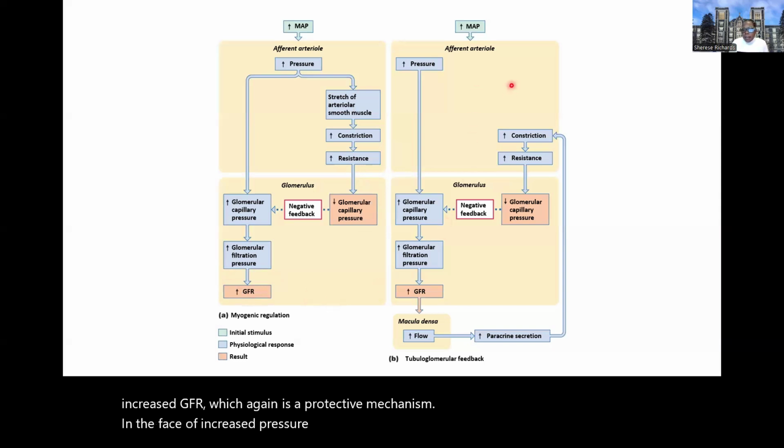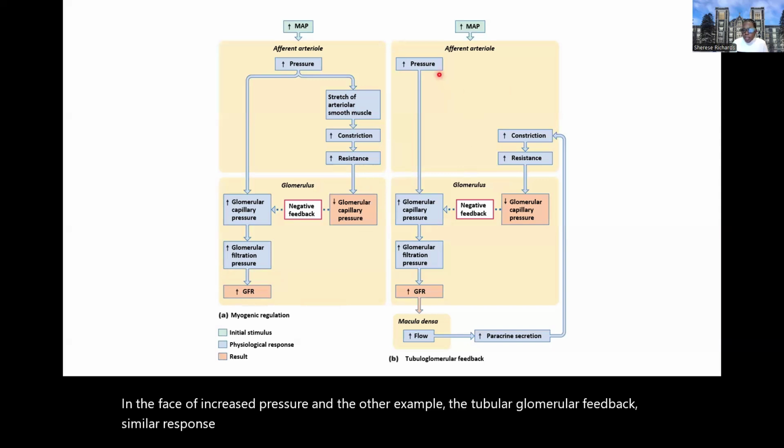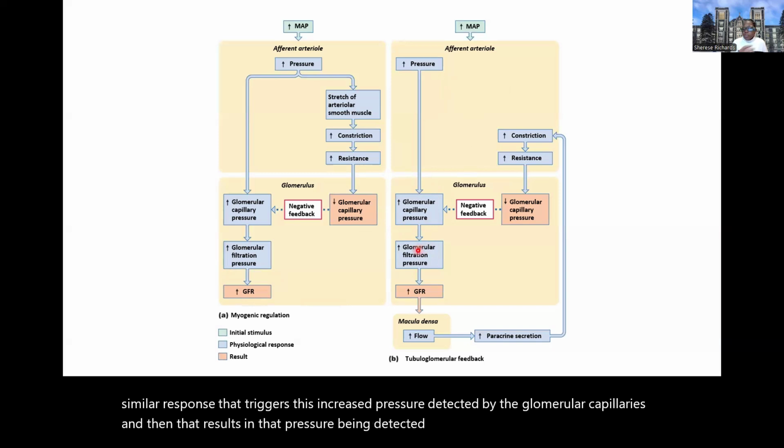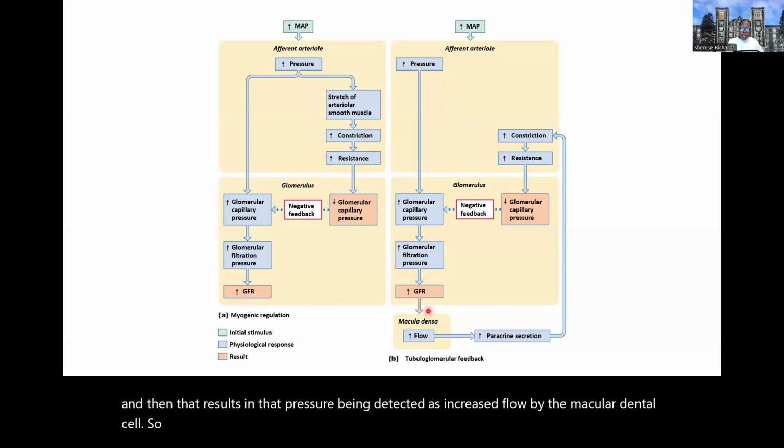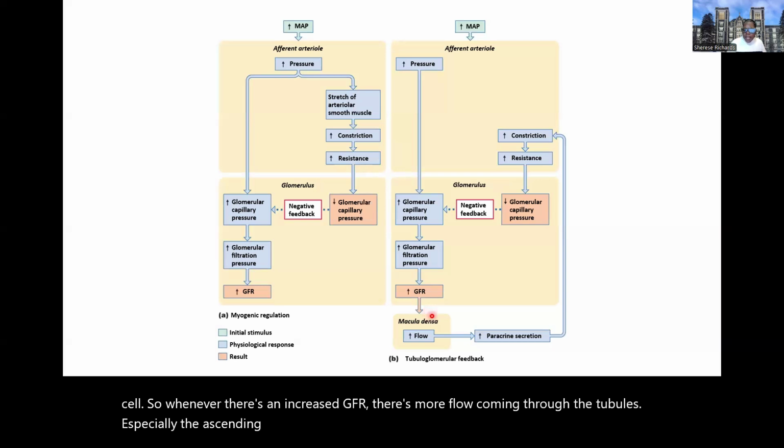And the other example, the tubuloglomerular feedback, is a similar response that triggers this increased pressure detected by the glomerular capillaries. And then that results in that pressure being detected as increased flow by the macula densa cells. So whenever there's an increased GFR, there's more flow coming through the tubules, especially the ascending limb of the loop of Henle. That is detected by the macula densa cells as an increased flow rate.